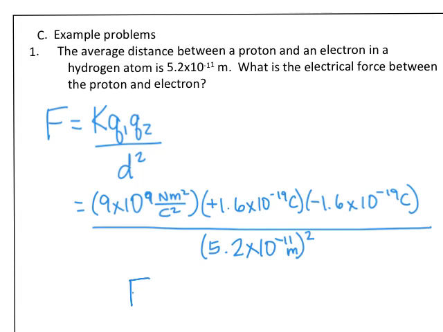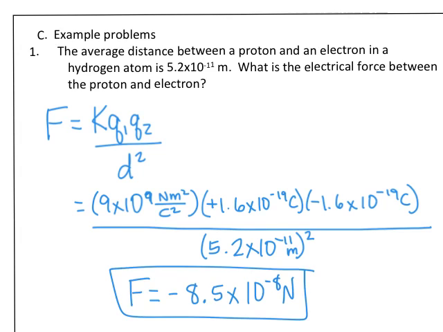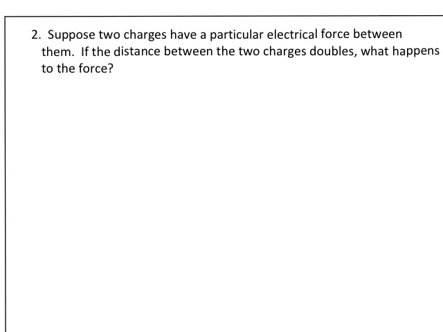You should get an electric force of approximately negative 8.5 times 10 to the negative 8 newtons. If you didn't get this number, be really careful of your parentheses as you're typing in those values.